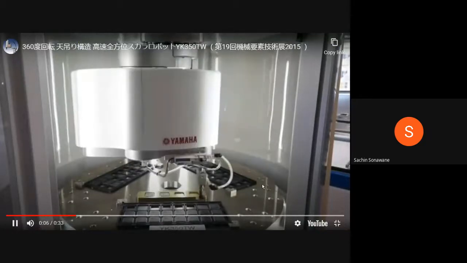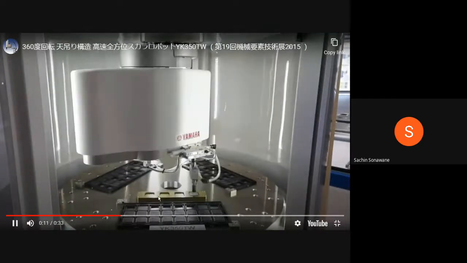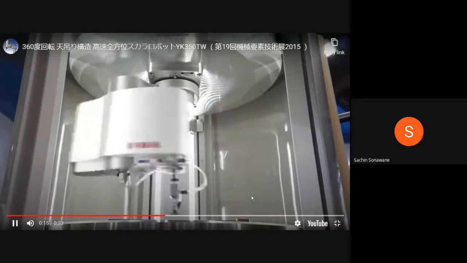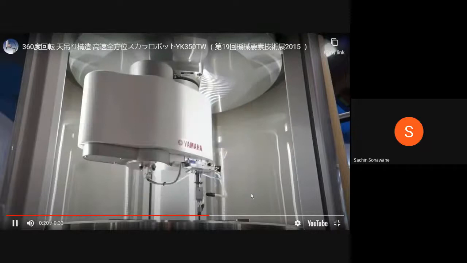Just see what it is doing. It is placing these small blocks in this green color block, and then again it is transferring to other two black pallets. Palletizing operation.